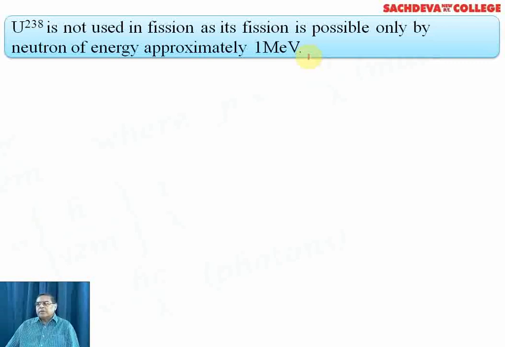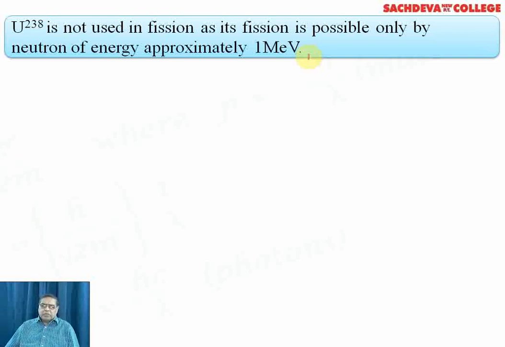This uranium-239 further disintegrates according to its life period and converts to neptunium. Neptunium is converted into 94 plutonium-239, which finally converts to 92 uranium-235 by giving out alpha particles.